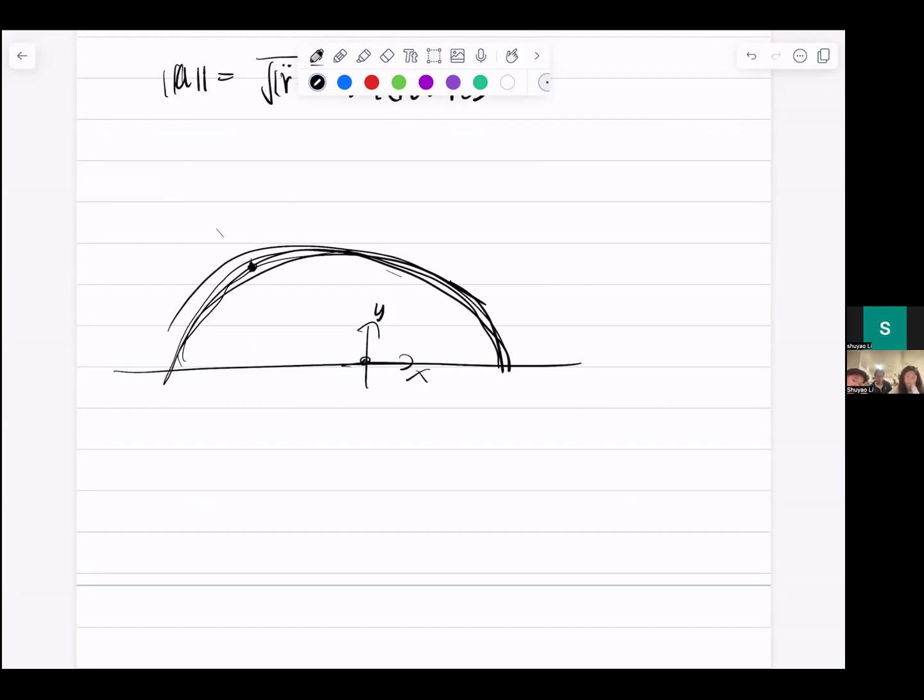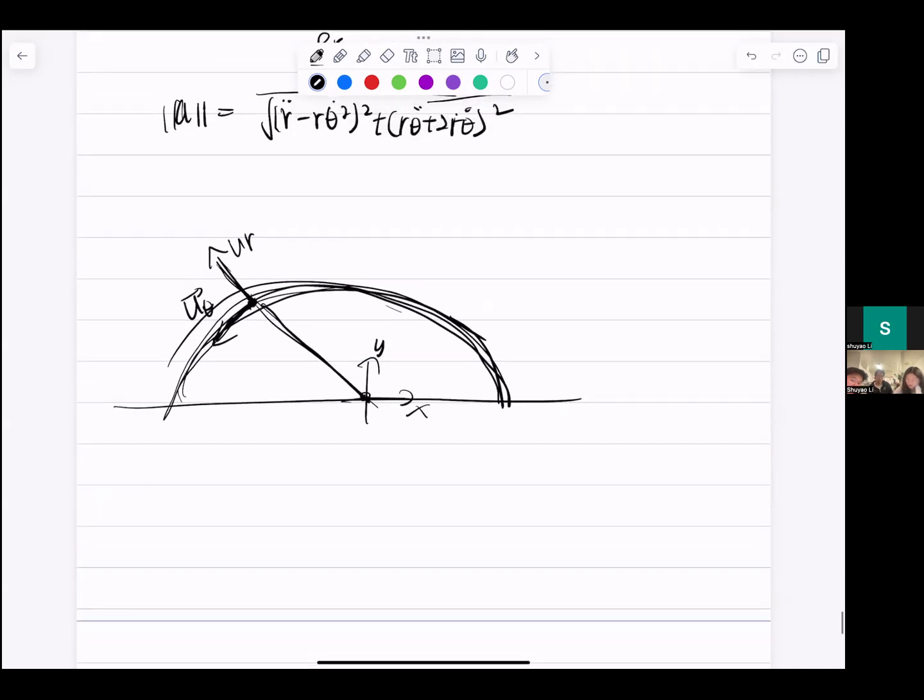My u r is going straight from here, and my u theta is going to be normal to this motion, tangent to the curve.